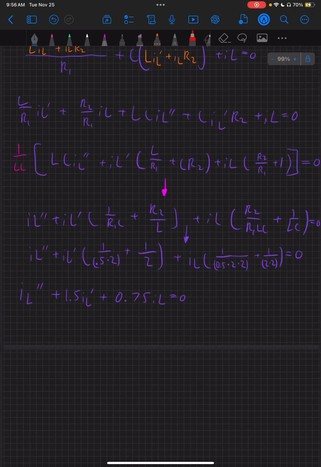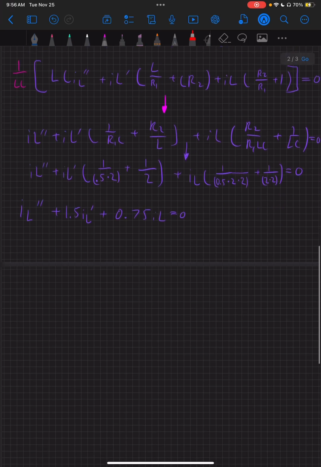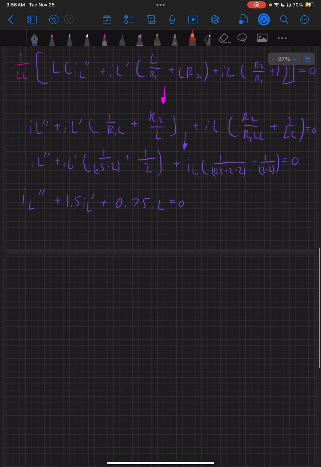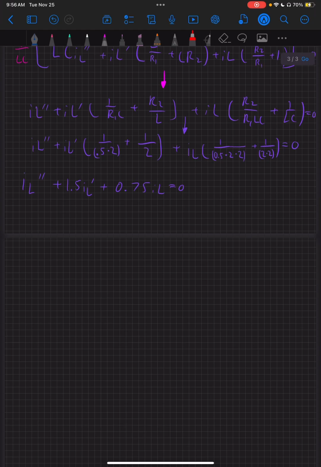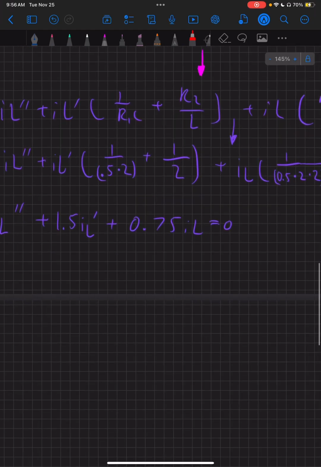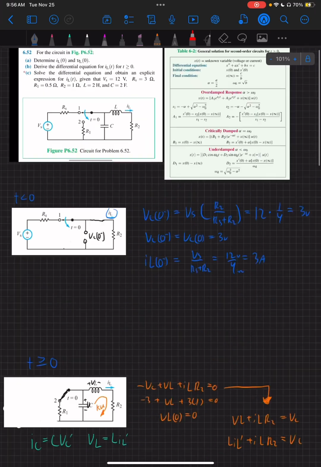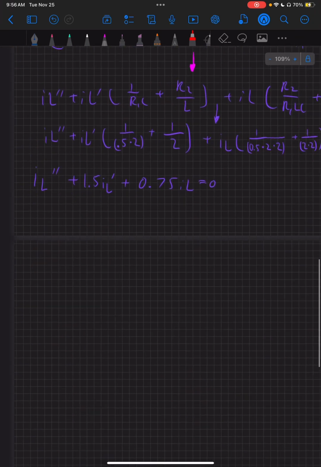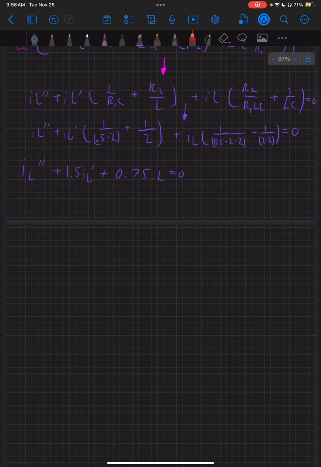I simplified it further right here to be more organized. Afterwards, we plug each given number into the equation right here, and once we plug everything in, the equation comes out like this.